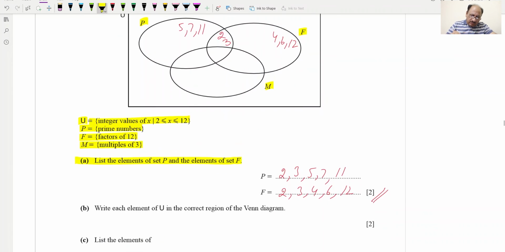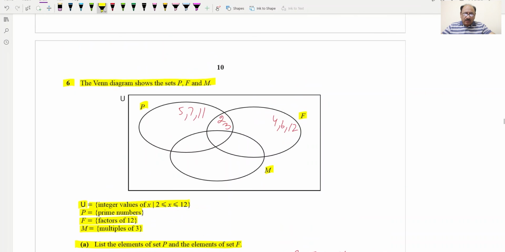Then they are saying write each element of U in the correct region of the Venn diagram. So now remaining is M, which by definition is multiples of 3. So multiples of 3 we can write as 3, 6, 9 and 12.